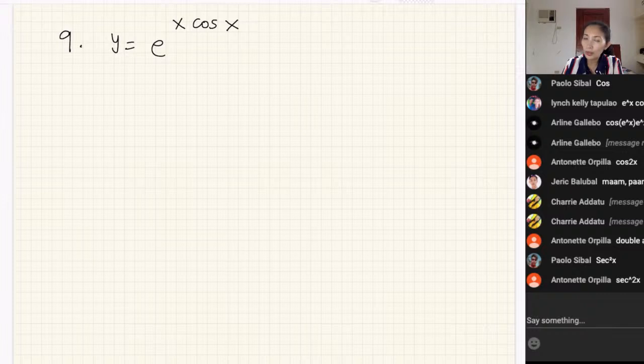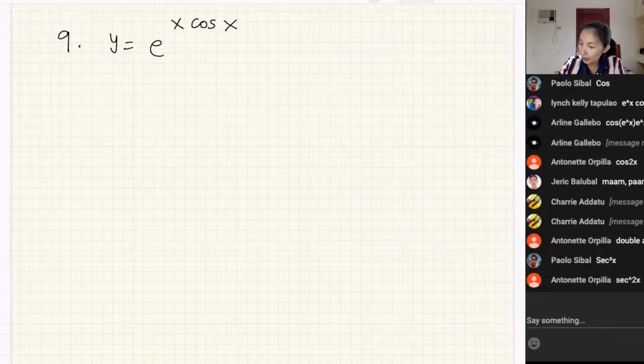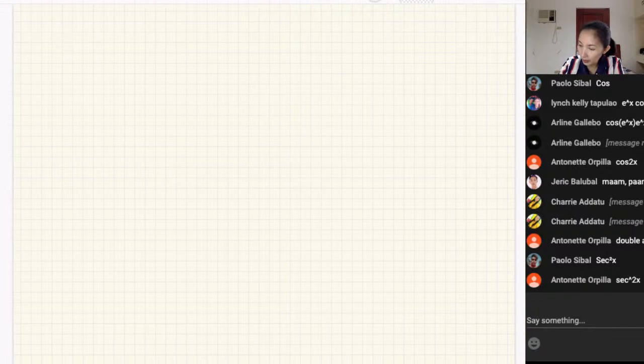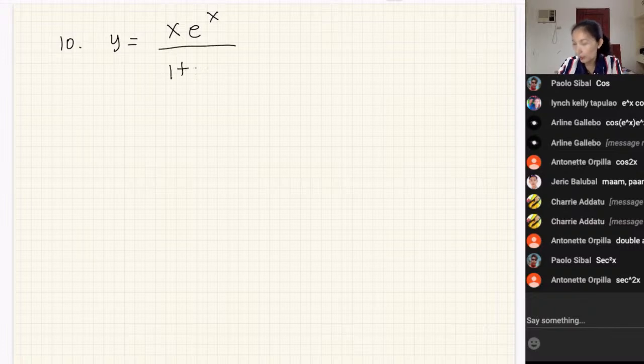Y equal to e raised to x cosine x. And the last, may I just write number 10? Number 10 will be y is equal to x e raised to x all over 1 plus e raised to x.